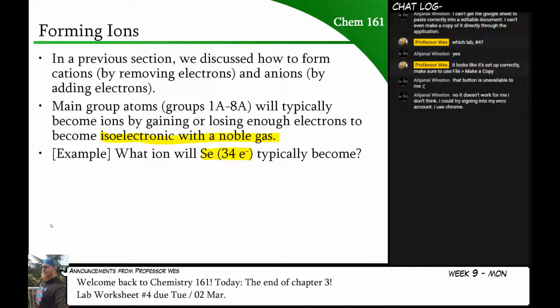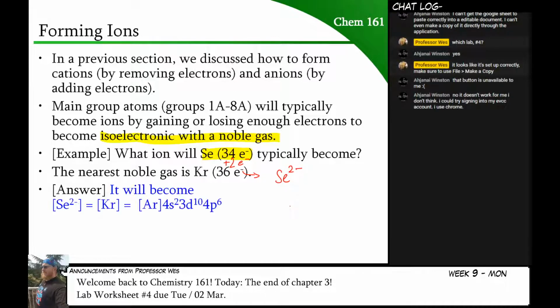So how do I get selenium to have 36 electrons? Well, if I gave it 2 electrons, it would have 36, right? So the ion that would form would be selenium with 2 extra electrons, electrons being negative. That would be the charge that we form. So that's the ion that we make.